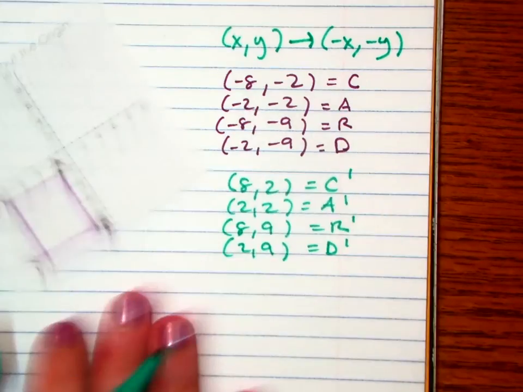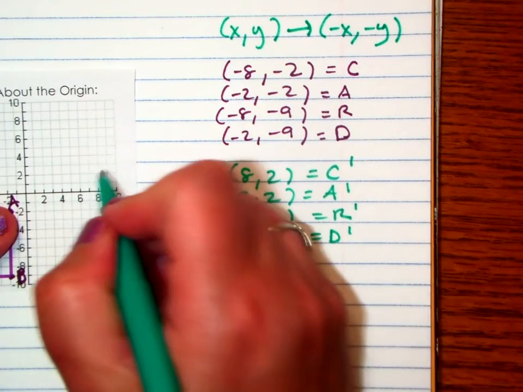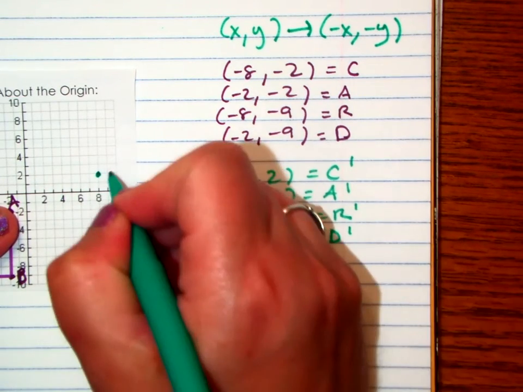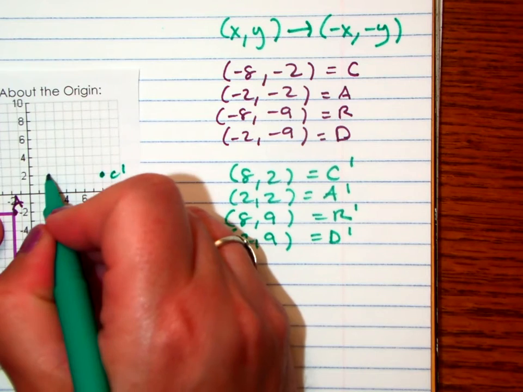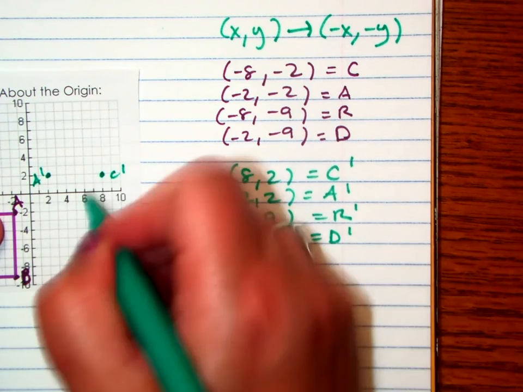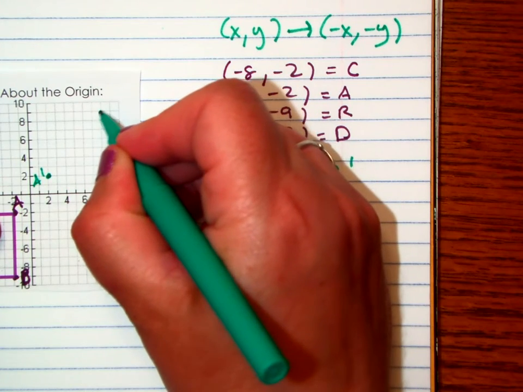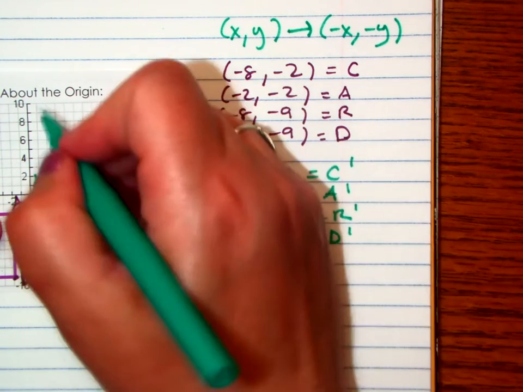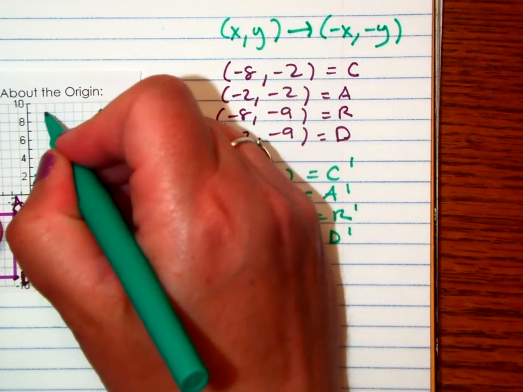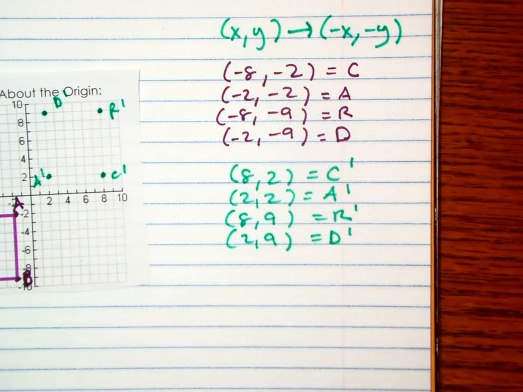And now the last thing I'm going to do is draw that. 8, 2, which is C prime, 2, 2, which is A prime, 8, 9, which is R prime, and 2, 9, which is D prime.